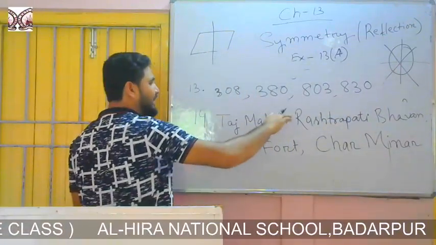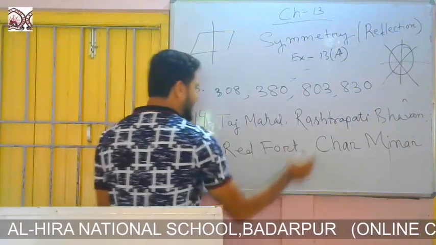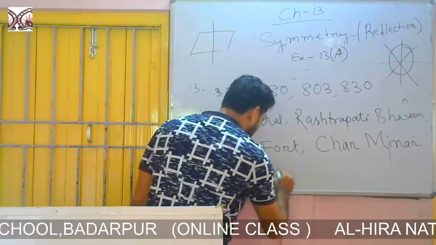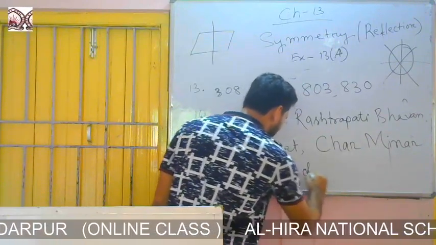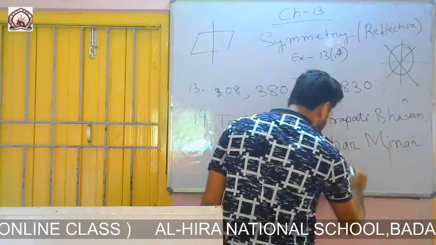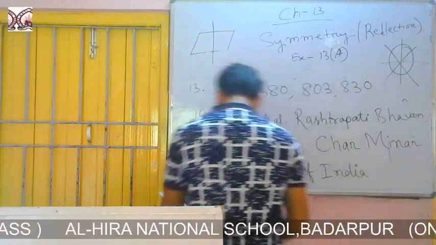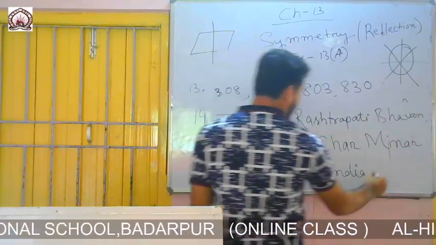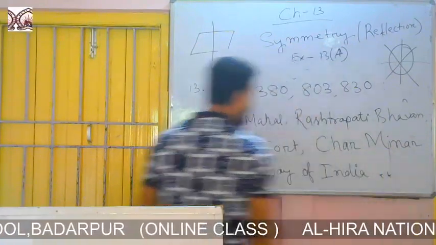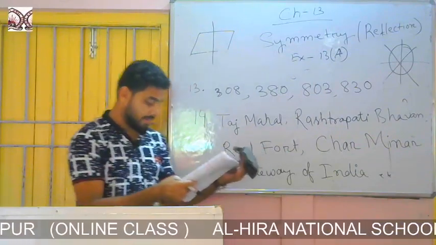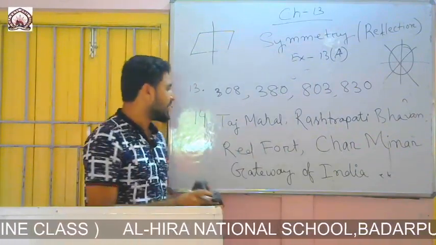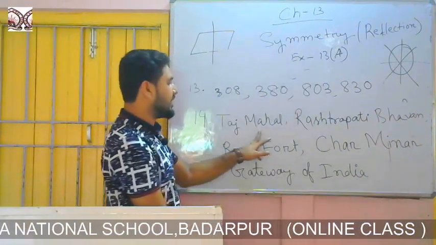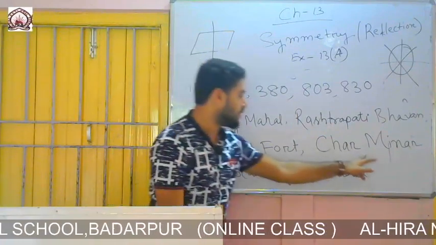We can divide vertically. Then Gateway of India, and many others are there, you can write, etc. If you find, then you can write. But here in the question we should write only 5. So 1, 2, 3, 4, 5.